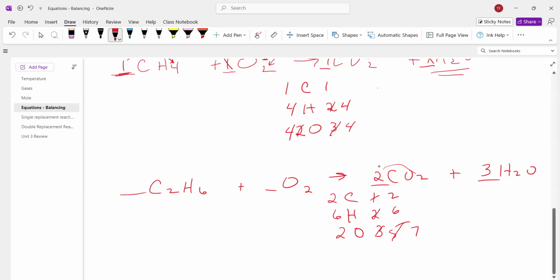Okay, now this is the challenging part. How do we make O2 into 7? What's the coefficient? What do we multiply 2 by to get 7? 3.5.